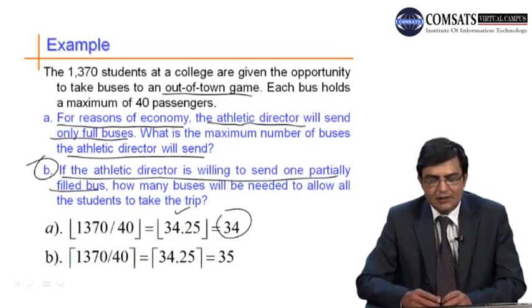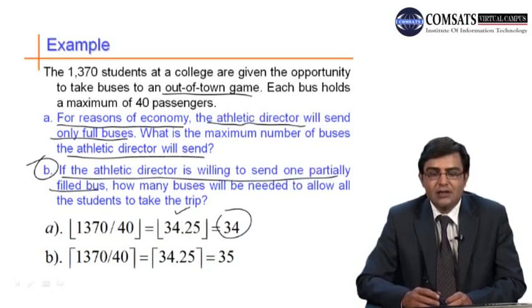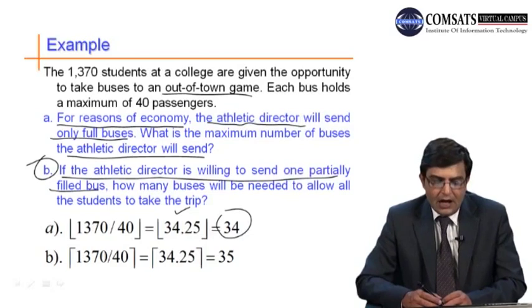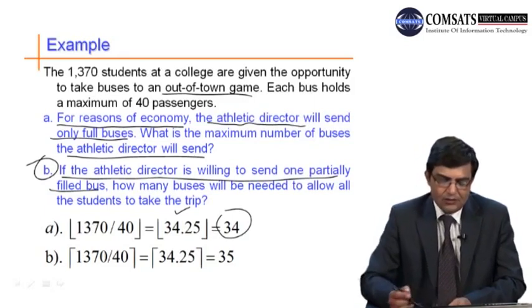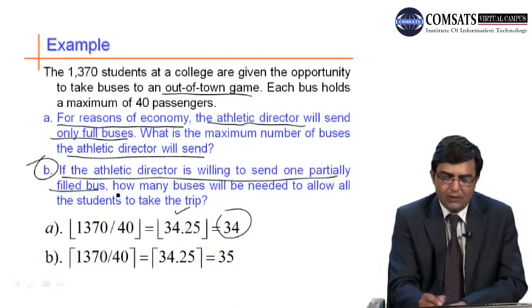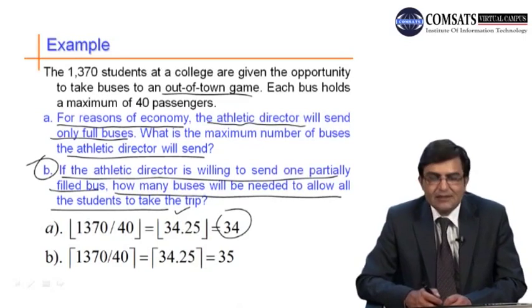Now in the second condition, the director allows sending all the students to play the game. How many buses will be needed to take all the students on the trip, where one bus will be partially filled? In this case, we do not restrict the number of passengers.